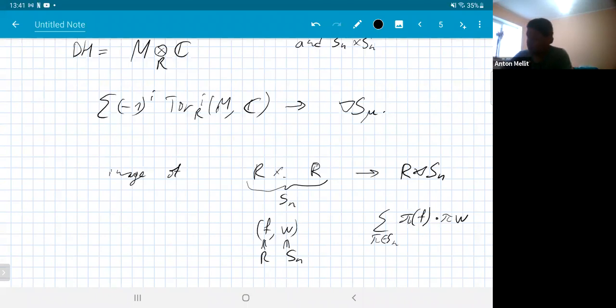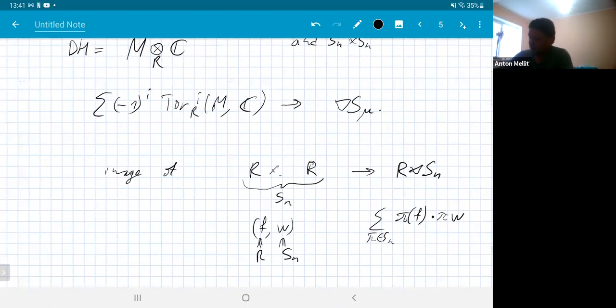So there is some image of this, and it's not so difficult to check that this first zero store is just diagonal harmonics.